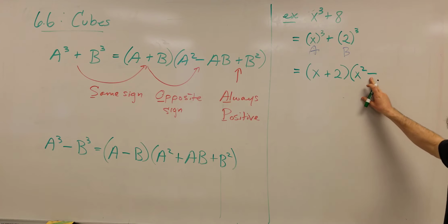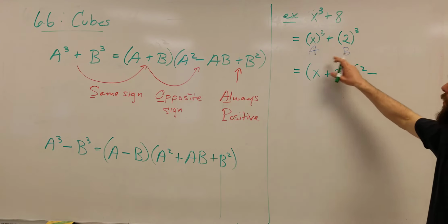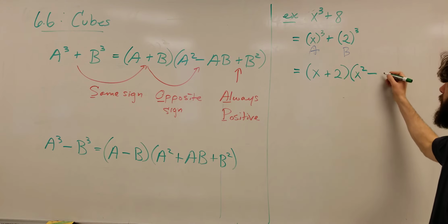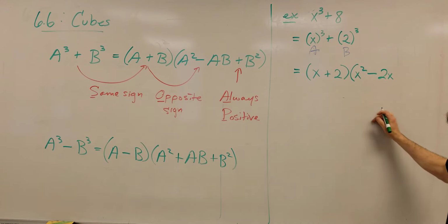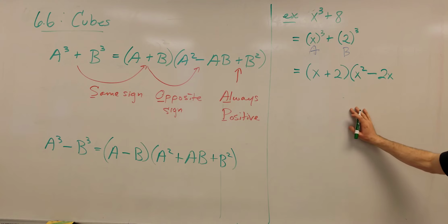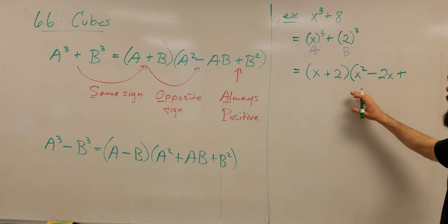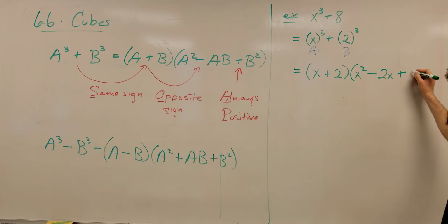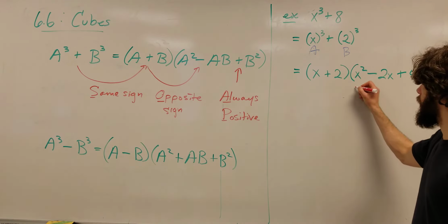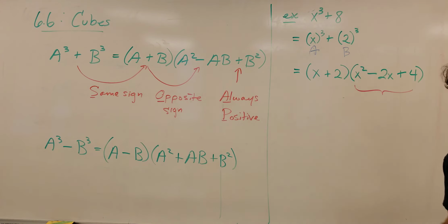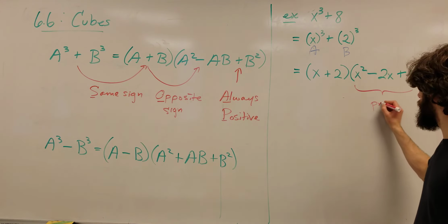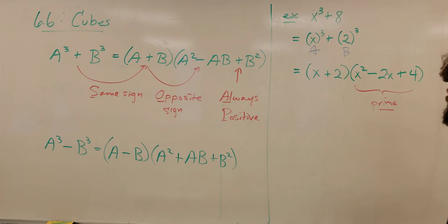So it'll be minus a times b, so that's 2 times x, minus, or plus, always plus, b squared, which is 2 squared, 4. And actually, in general, with these ones, your second factor there is going to be prime. So it's actually done at this point.